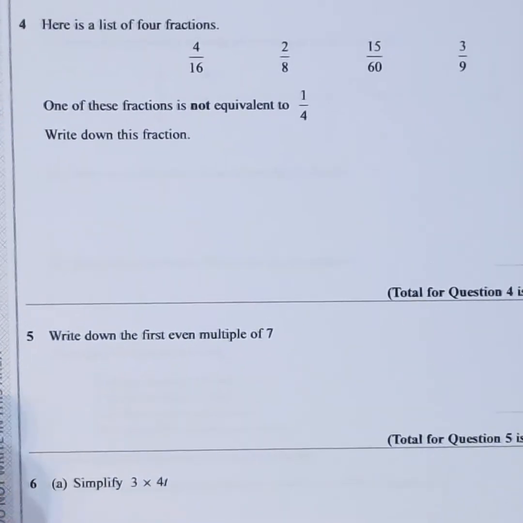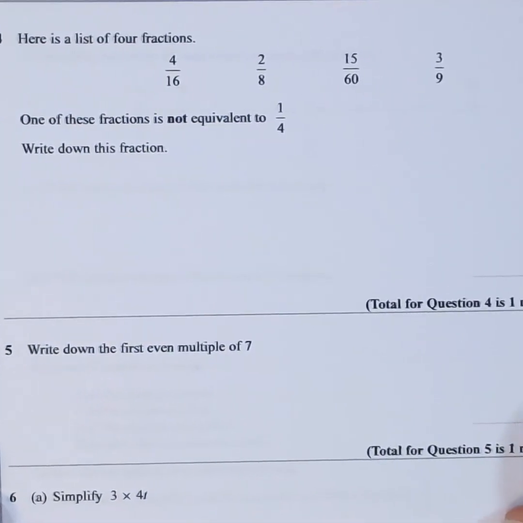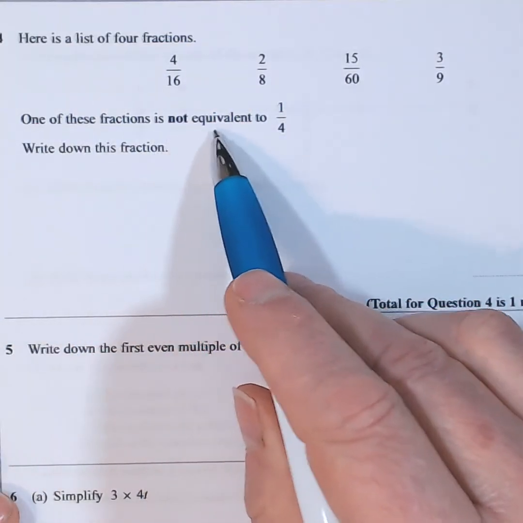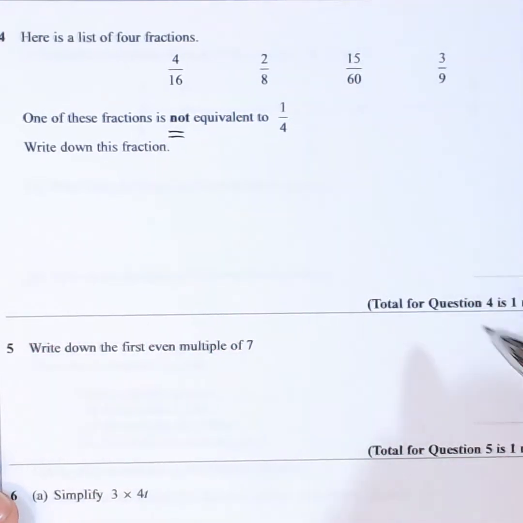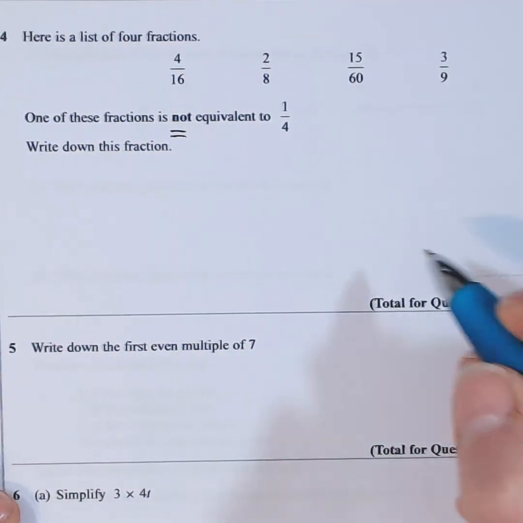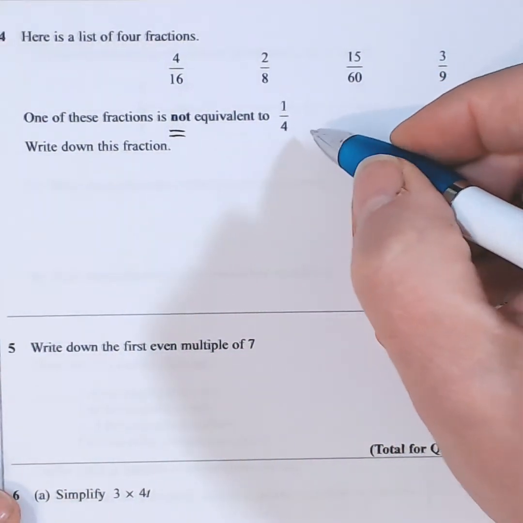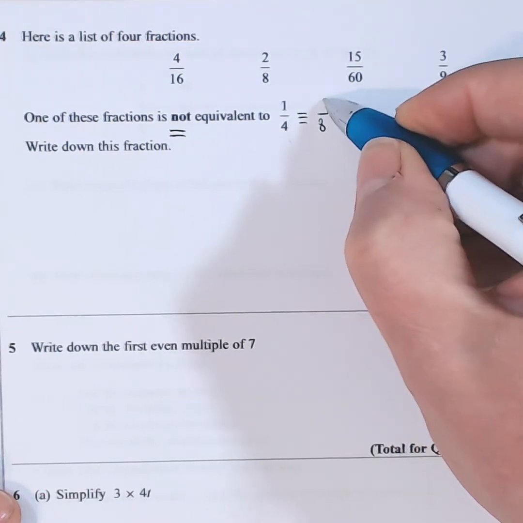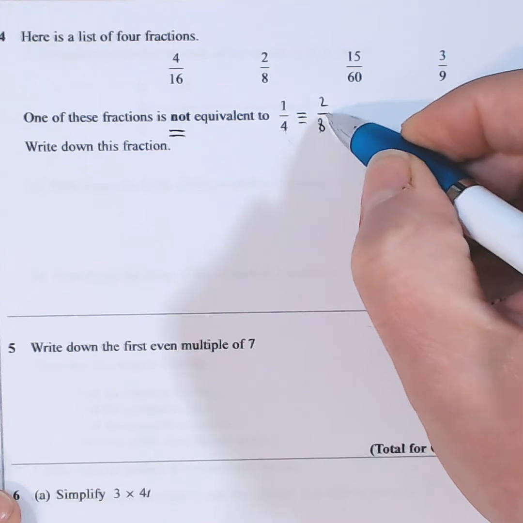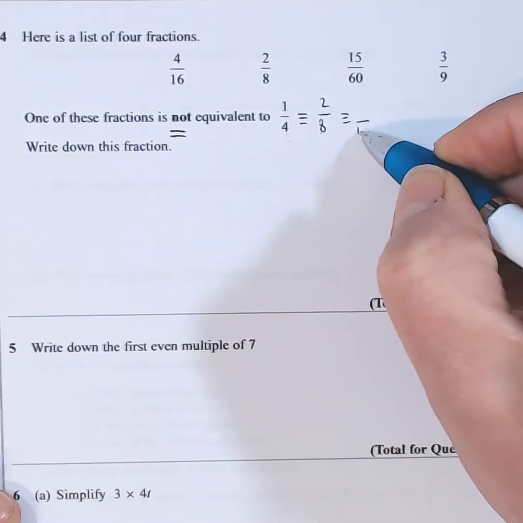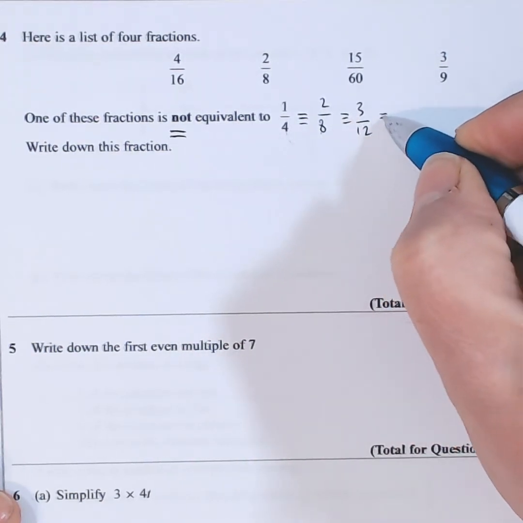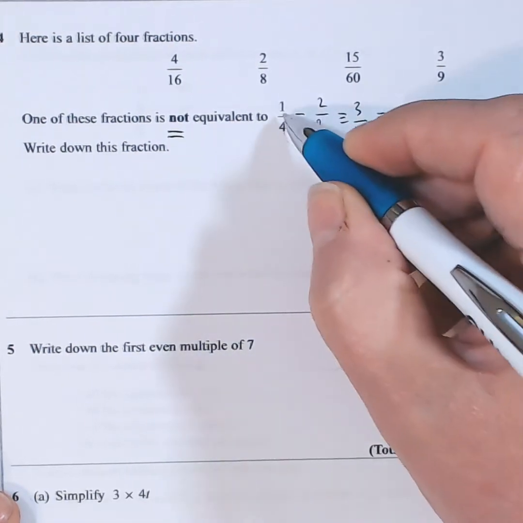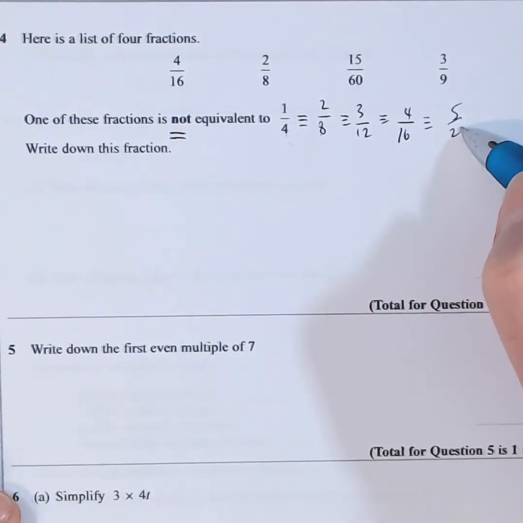Okay, so this next question talks about a list of fractions. One of these fractions is not equivalent, so really important, they've highlighted it in bold for you. Not equivalent to a quarter. Okay, so remember, equivalent means that it would be something over 8, so double that we get 2/8, treble that we get 3/12, times that by 4 we get 4/16, times that by 5 we get 5/20, and so on.